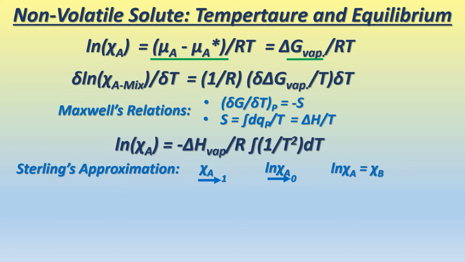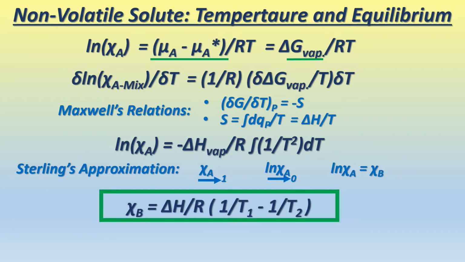So to an approximation, the log of the mole fraction of solvent becomes a very small number, winds up being equivalent to the mole fraction of the solute, which is a small number. So I get the mole fraction of solute is equal to the heat of vaporization of the solvent over R, 1 over T1 minus 1 over T2. Again, all of this coming from the second law of thermodynamics.